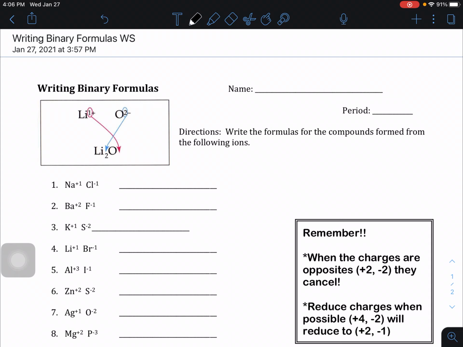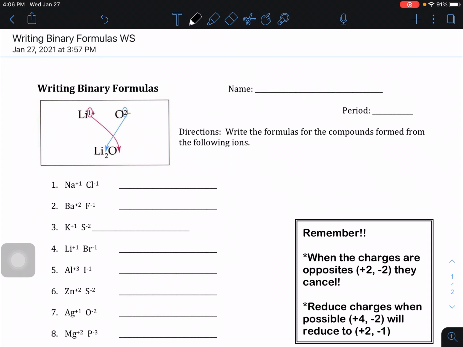We're going to go over a few examples on this worksheet called Writing Binary Formulas. The directions tell us to write the formulas for the compounds formed from the following ions. These are ions, or charged particles, and these are binary compounds because they're made from two different elements, the prefix bi meaning two.